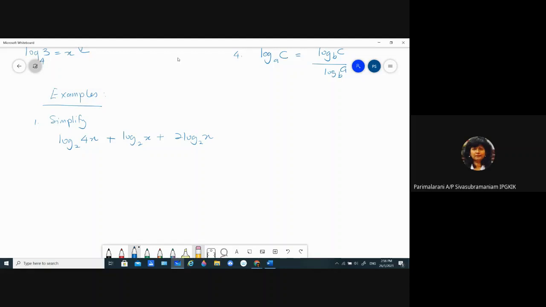Let's start with the first term here. We have 4x here, 4 times x. So we can break this up to log 4 base 2 plus log x base 2, correct? This becomes this with the first law of logarithm.